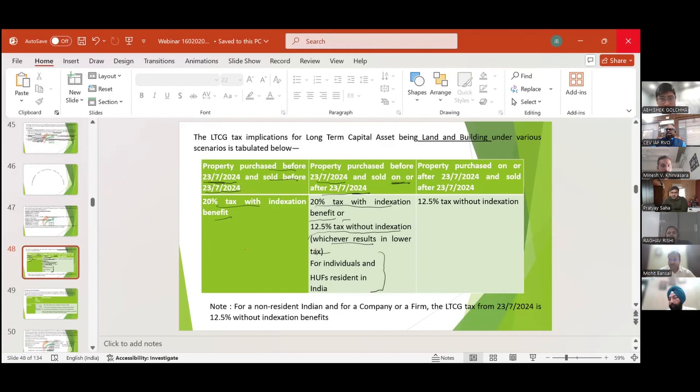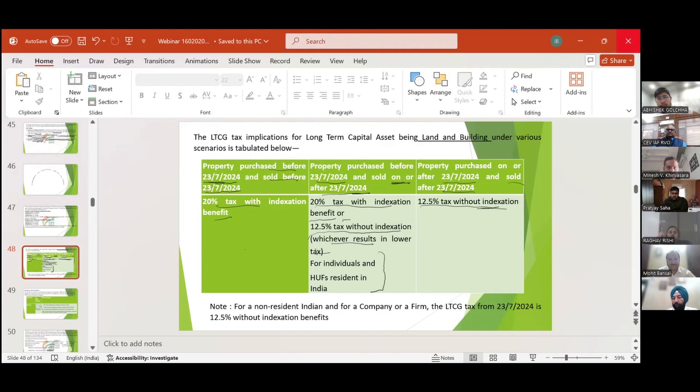And if the property is purchased on or after 23rd July 2024 and sold after 23rd July 2024, it is 12.5% tax without indexation. No benefit of indexation for these properties.